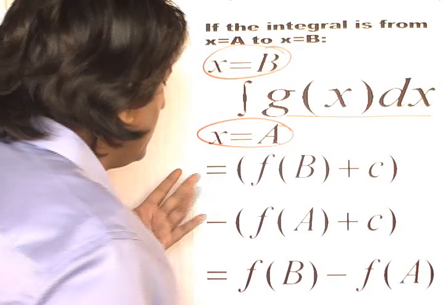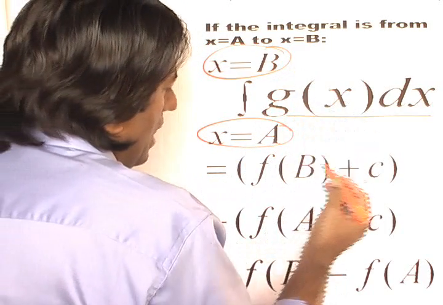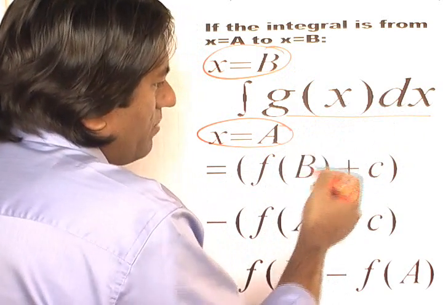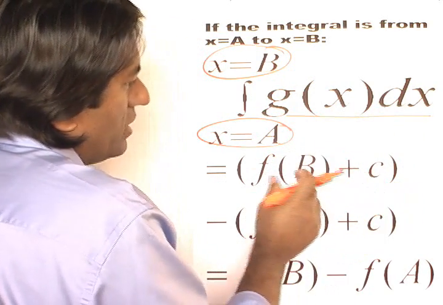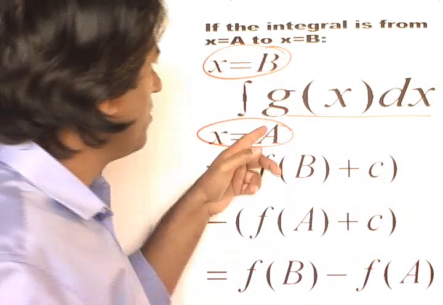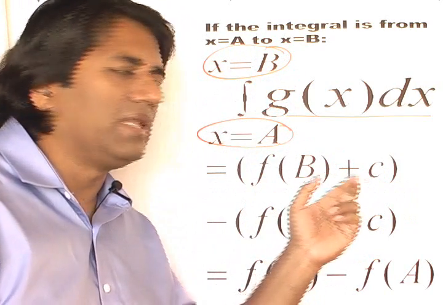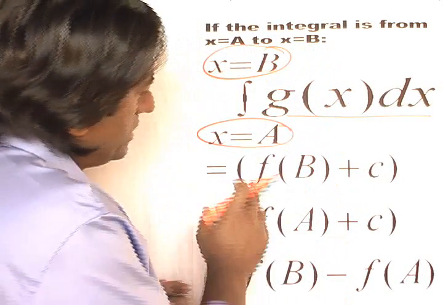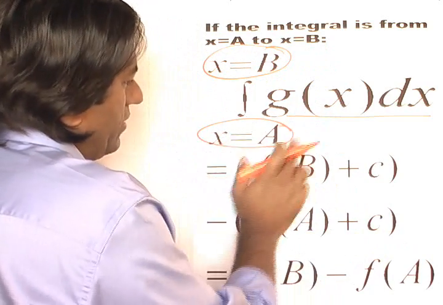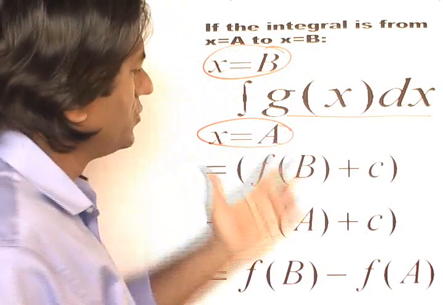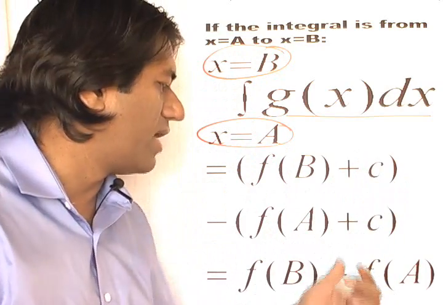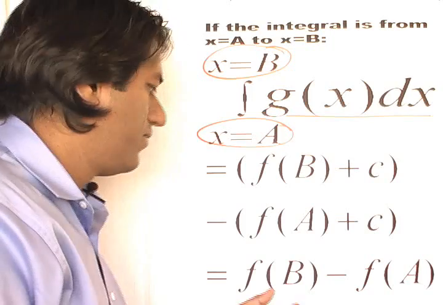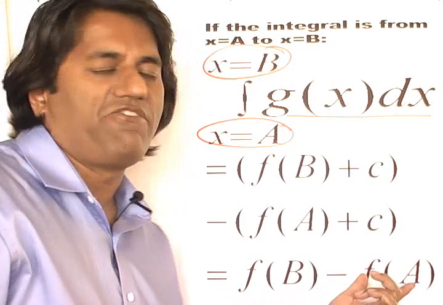So the definite integral from a to b becomes F(b) plus c, the integral at this point, minus F(a) plus c, the integral at this point. The c's cancel each other out, and you are left with the value of this definite integral as F(b) minus F(a).